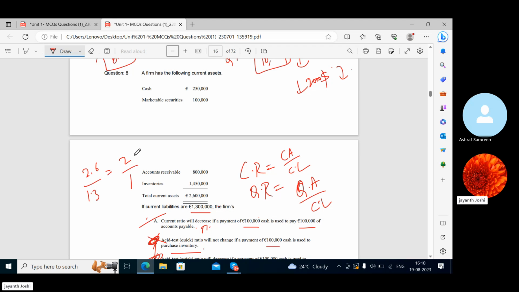So if I take 2,60,000 and 1,30,000, we'll just remove 10 for the sake of calculation. So I'm just removing 1 lakh. So I need to remove 1 lakh here also, no?